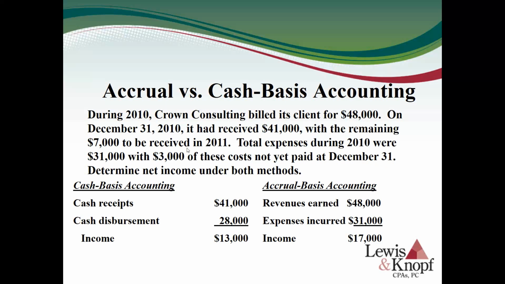So if the expenses are 31,000 and you are left with 3,000 to pay, they won't recognize 31,000. They have to less the one you have not paid, which is the 3,000. So 31,000 minus 3,000 gives us the 28,000.